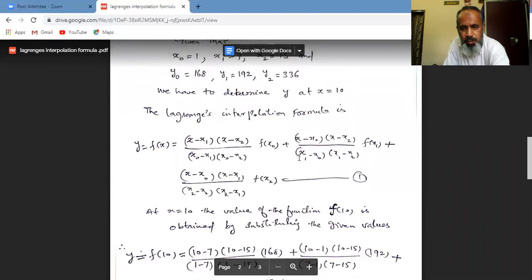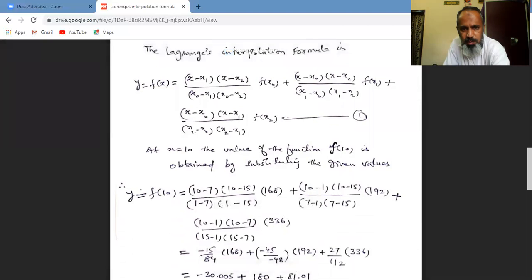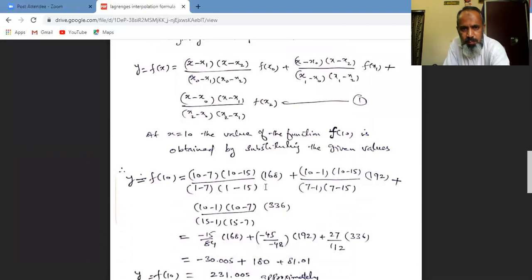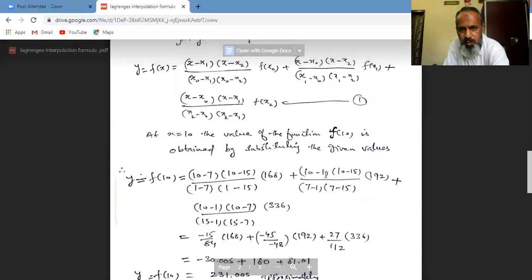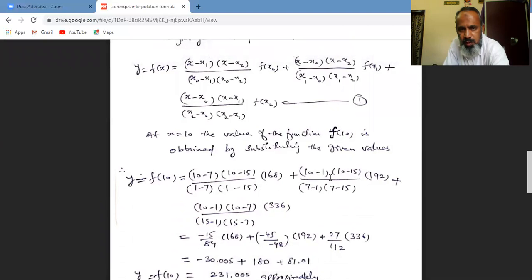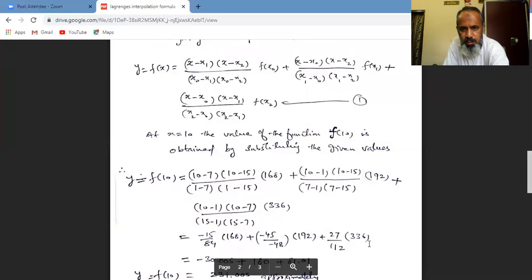Now after substituting, we have to simplify this equation. The first term, if we simplify this, we get −15 by 84 into 168. The second term is 10 − 1 = 9, 9 into −5, that is −45 by −48 into 192, and the third term is 27 by 112 into 336.